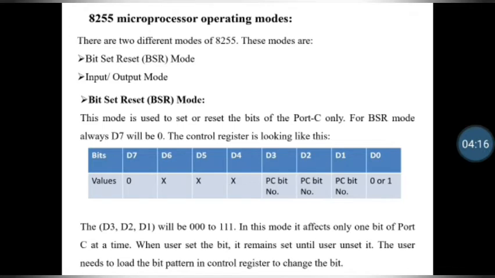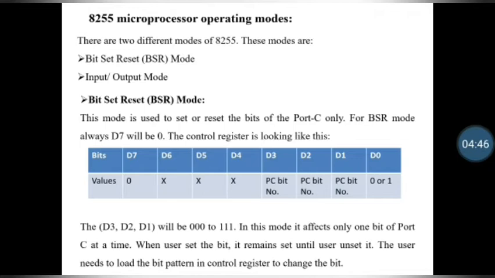Means if you want to change the bits that you set in the bit format in BSR mode, then you have to use the control register for changing the bits present in this bit format. So this is all about the BSR mode, that is the bit set reset mode, and it is only used in case of port C.